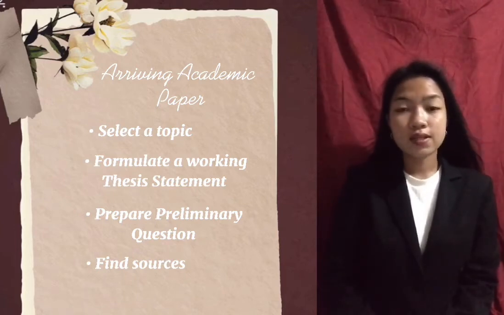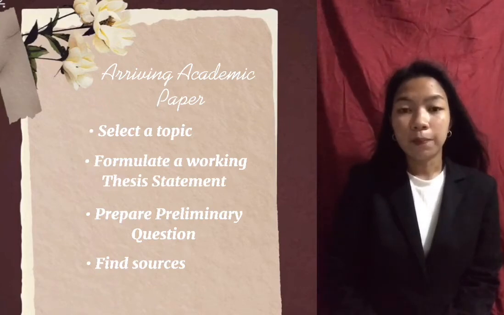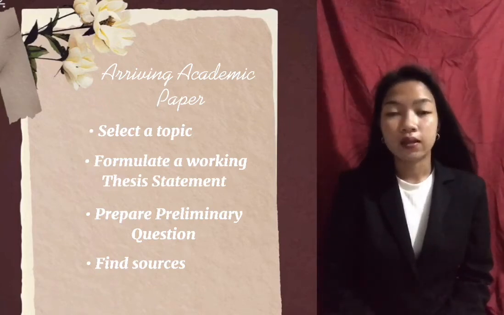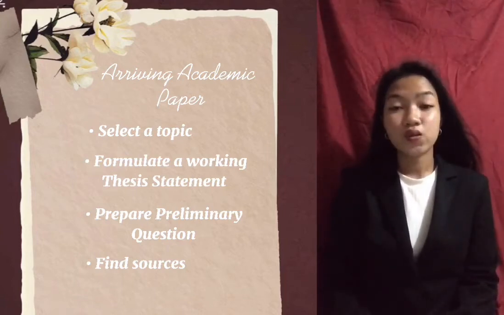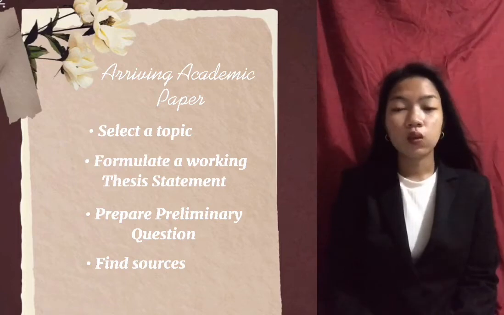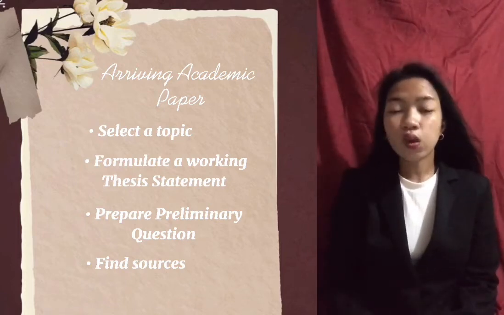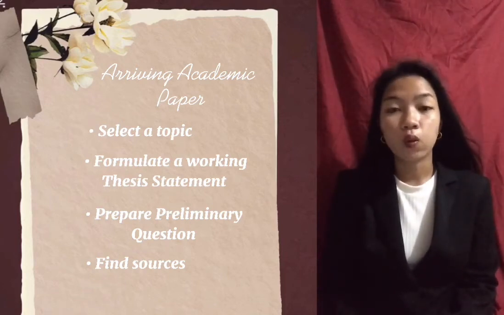These are the questions that the readers might probably ask. So from the topic, develop questions that will help guide you in your academic paper. Next is find sources. Find sources that will help you to explain more about your topic and sources that will help you to answer those preliminary questions.